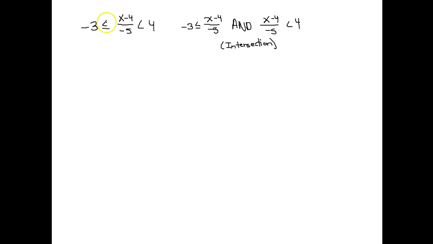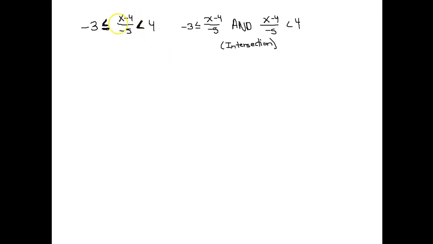Or in this case, if the inequality signs are both pointing to the left like this in the three-part inequality, then you can try to solve it all at once. Sometimes if x's are on the left and right, it doesn't work as well and it's easier to break it up. But in this one, all the way to the left here is just a -3, all the way to the right there is 4. So I can go ahead and just tackle this all as one big piece.